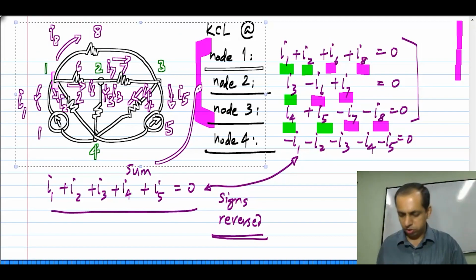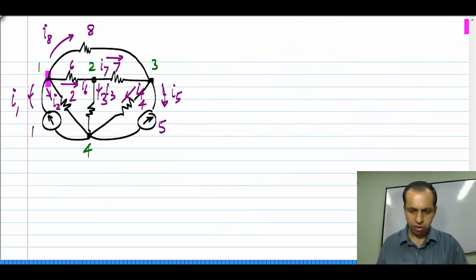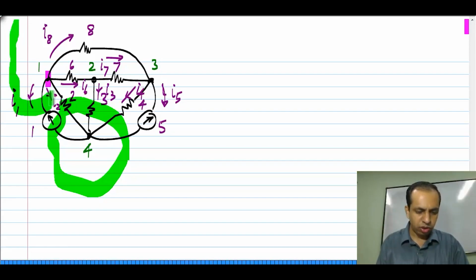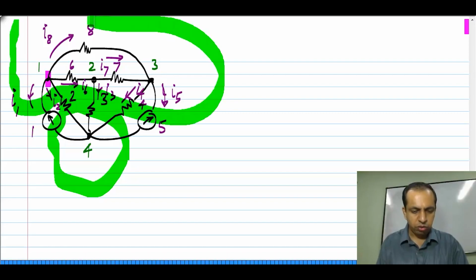Let me copy over this circuit. Now, let us consider a particular node, for instance, node 4. I will draw a surface enclosing node 4. Now, let me also draw a surface enclosing all the other 3 nodes.